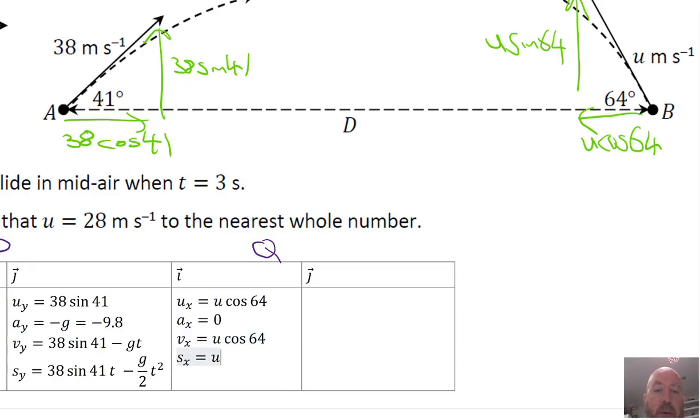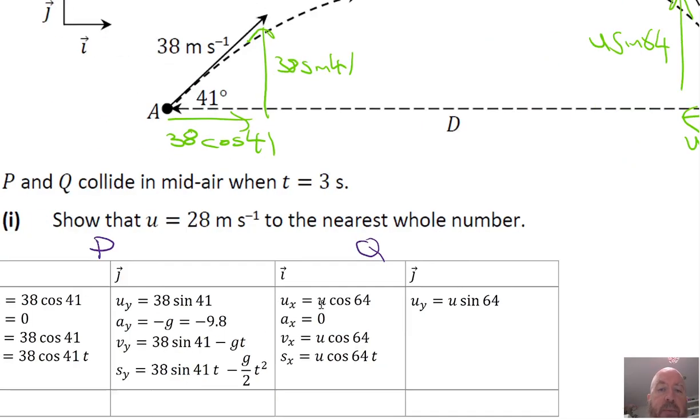Sx equals u cos 64 t. And again, there's no acceleration in the x direction, so that's perfect. And then we have, let's see, Uy equals u sine 64.